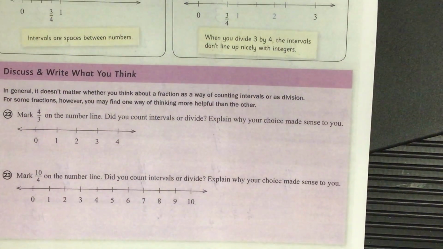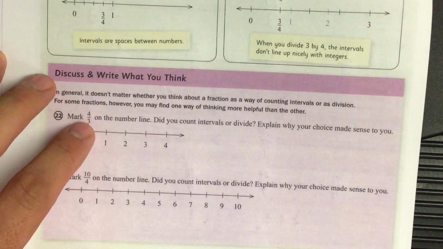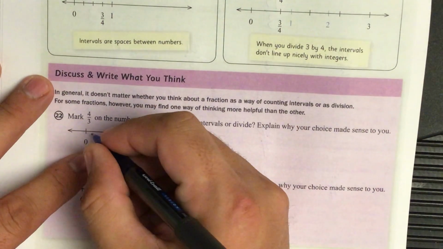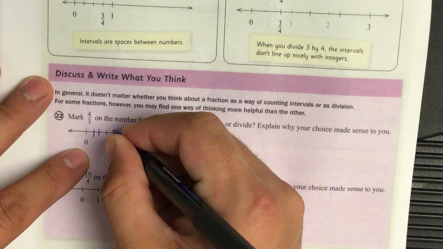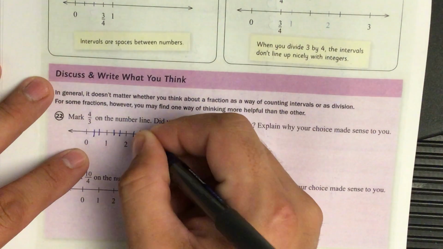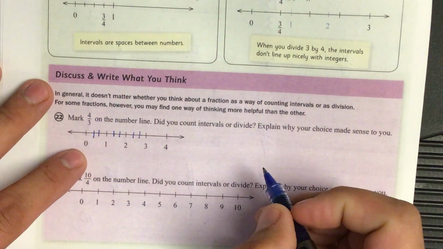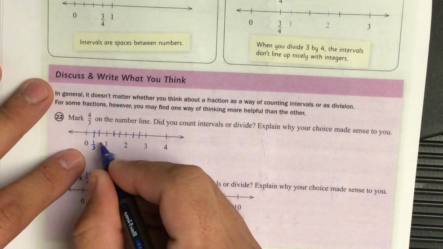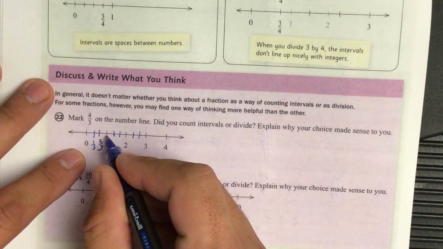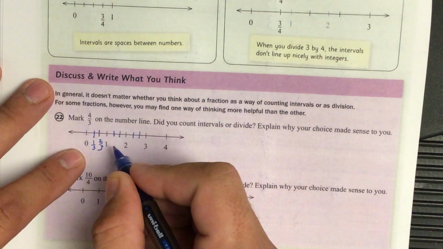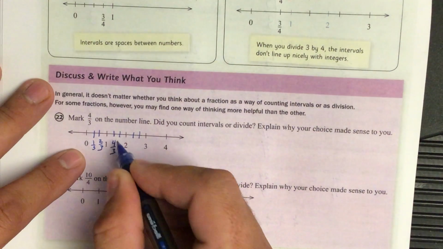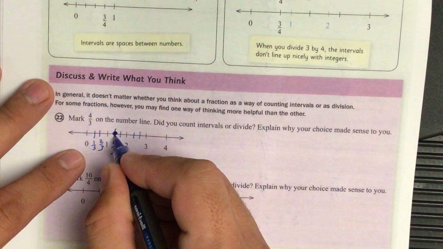Okay, so we're going to mark 4 over 3 on a number line. So the bottom number, again, is how far apart they are. So there's 3 spaces in between each one. Each one would be a third. So 1/3, 2/3, 1 would be 3/3. So 4/3 would be right here. 5/3.